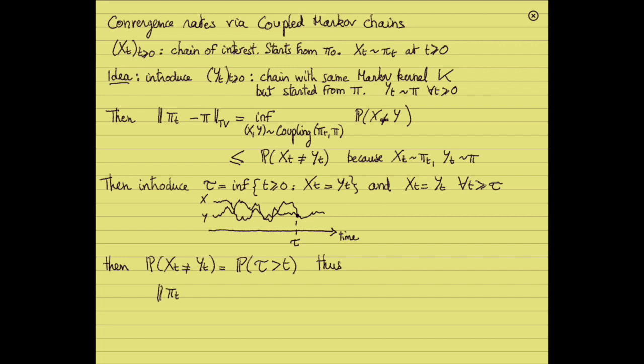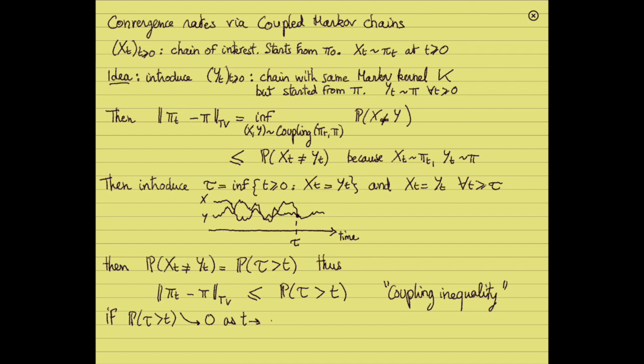So if we put all of that together, we have that the TV between pi t and pi is less than the probability that the meeting time is larger than t. And in the context of Markov chains, this is called the coupling inequality. We've seen a previous coupling inequality, the TV being less than the probability that x is different than y, but in the context of Markov chains, usually the coupling inequality refers to this inequality with a meeting time.